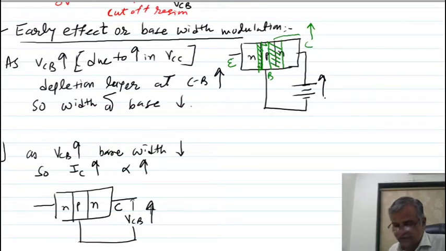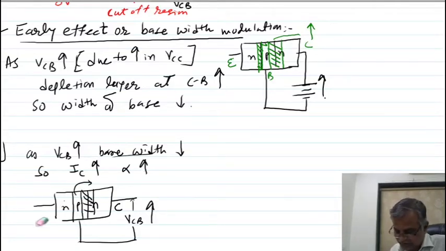As VCB increases, this width increases, so base width decreases. So the electrons get less chance to recombine with the holes of the base. As a result, collector current increases, and as collector current increases, alpha increases.